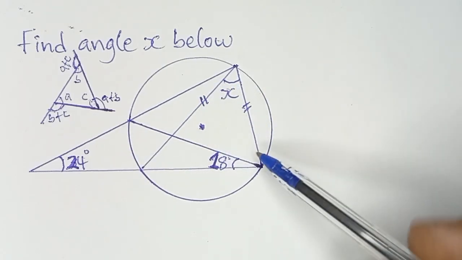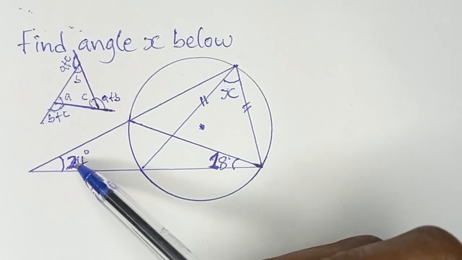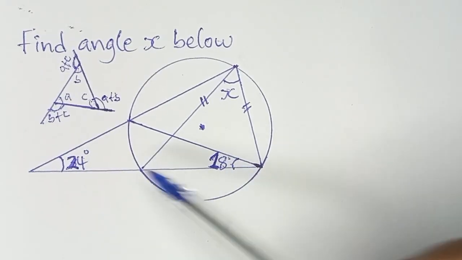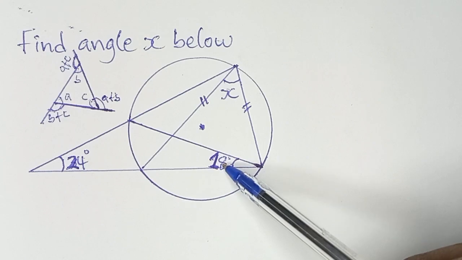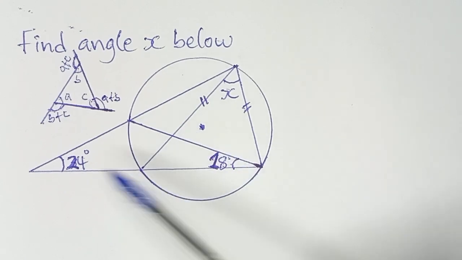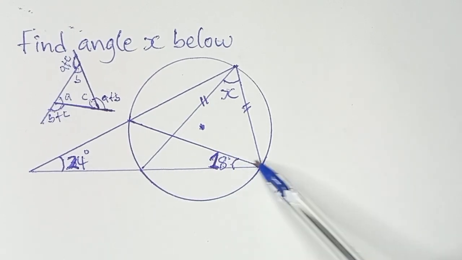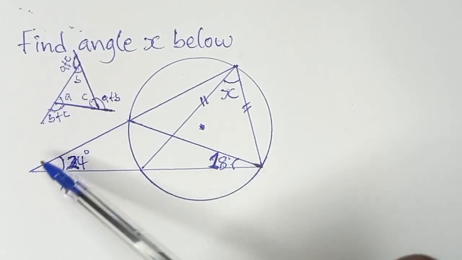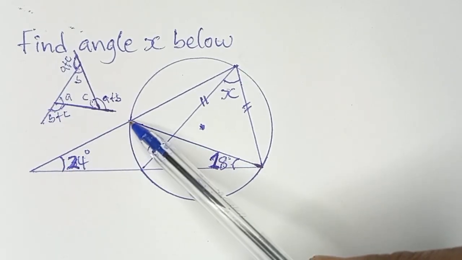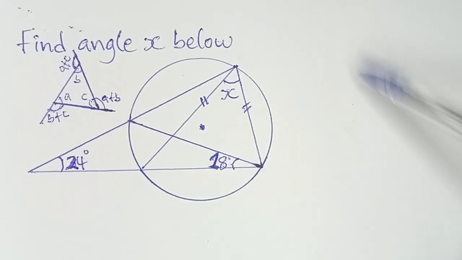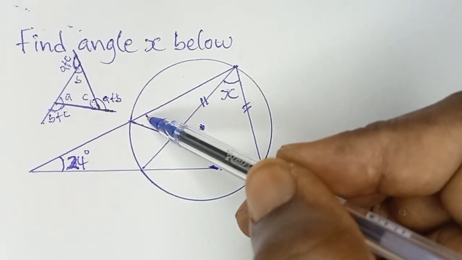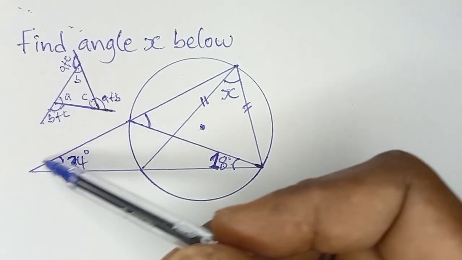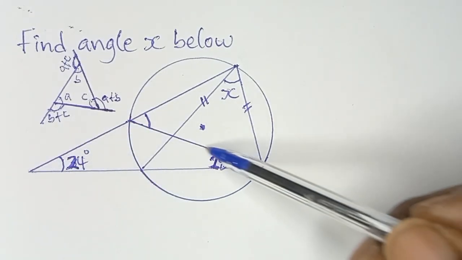Now, if you look at this, this is 24 and this is 18. Looking at this triangle here, you can see that this line of the triangle is extended outwards to form this exterior angle. So this is an exterior angle of this particular triangle.